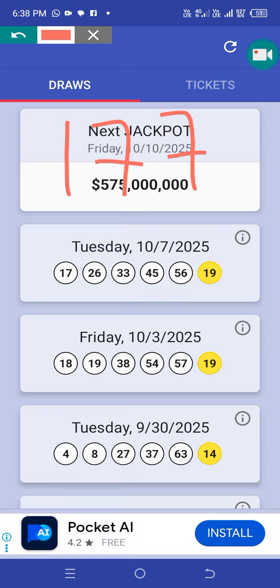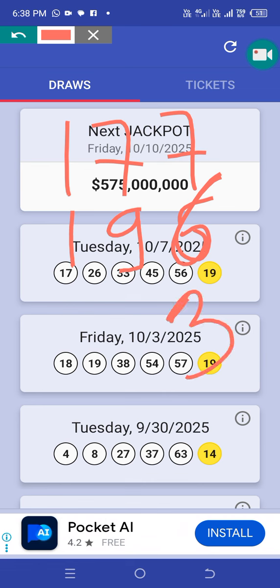Then I add 19. When I add 19 here, it's 6. 8 and 1, it's gonna be 9. So it'll be 196. Then when you add together it is 3, 1, 3, 4, no, 6, 7, then 3. So that will be the code for today.